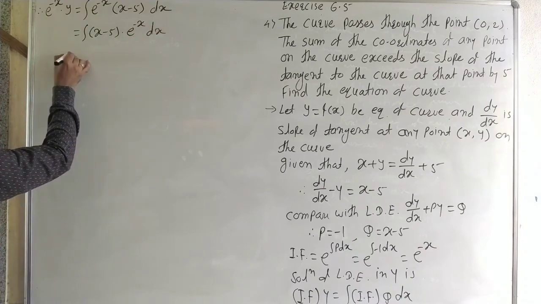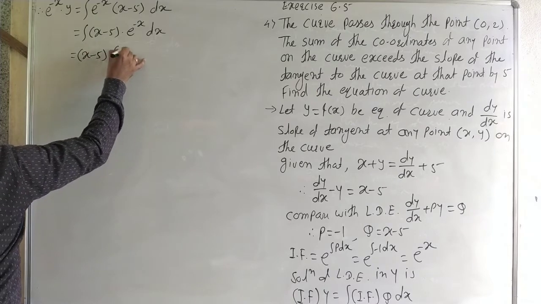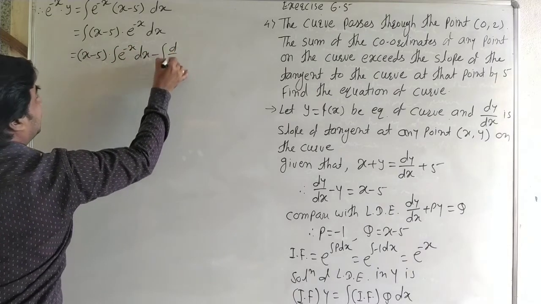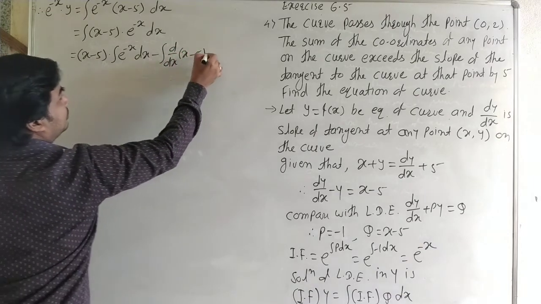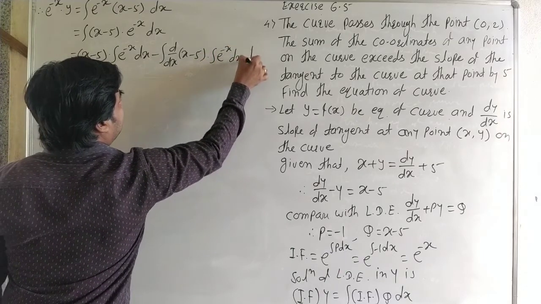Then, x - 5 times the integral of e raised to -x, minus the integral of the derivative of (x - 5) times the integral of e raised to -x, with respect to x.